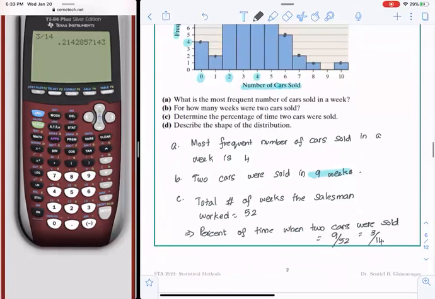So it turns out to be 0.21428. We can round it and write it as 0.2143.